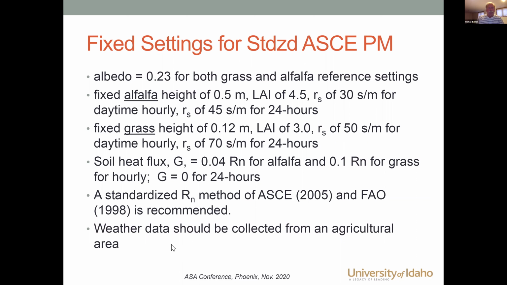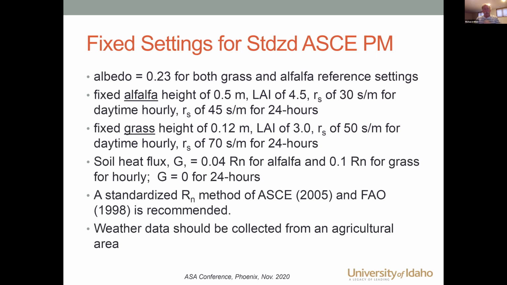So for the fixed settings in the standardization, we've had to just select one height rather than a range of heights. So for alfalfa, the community selected 1/2 meter height, which essentially reflects a leaf area index of about 4.5, surface resistance of about 30 seconds per meter. For the grass reference, that's been fixed at 12 centimeters in height, which reflects a leaf area index of about 3 and a surface resistance of about 50 seconds per meter.